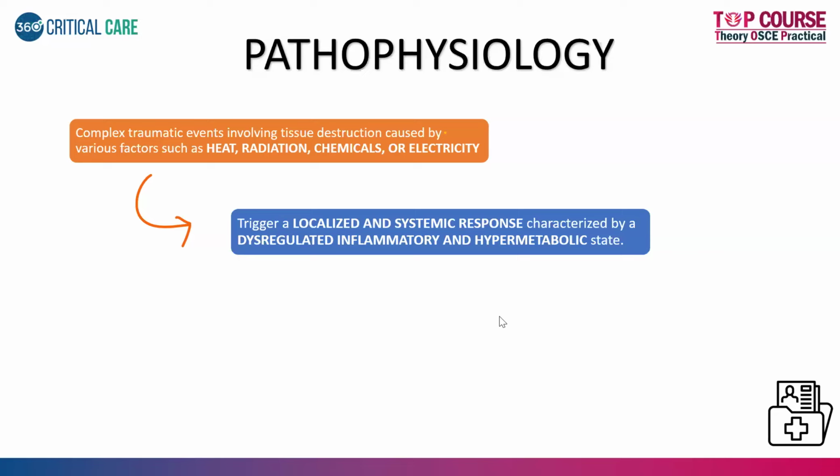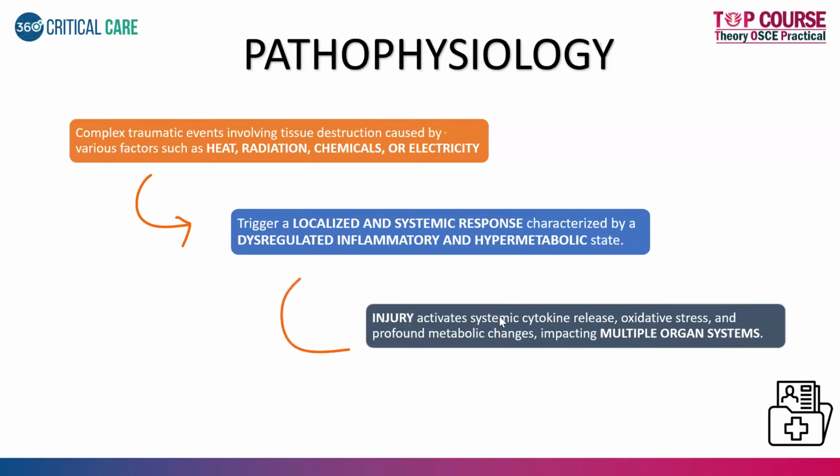And then from the localized injury, it becomes a systemic problem. This systemic injury, which happens from a localized injury of a burn, is due to the massive release of cytokines, which causes a lot of oxidative stress and metabolic changes.